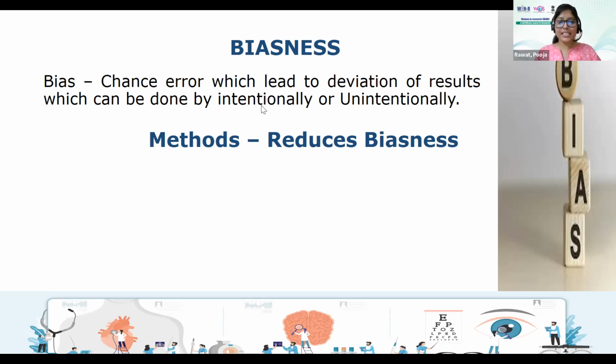So it is unintentional that you only get male patients. Measurement bias relates to the instrument. Suppose you are using a certain device to check a certain parameter.